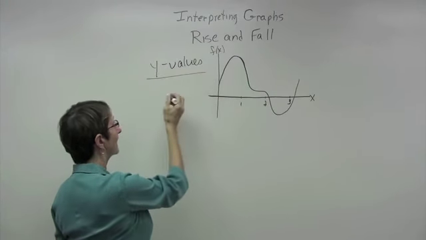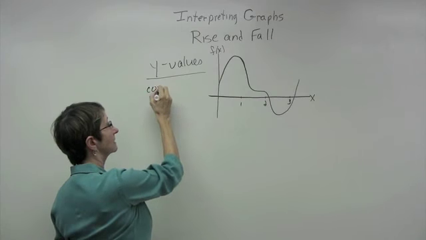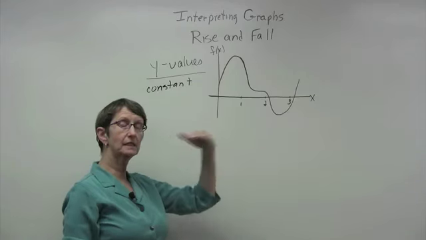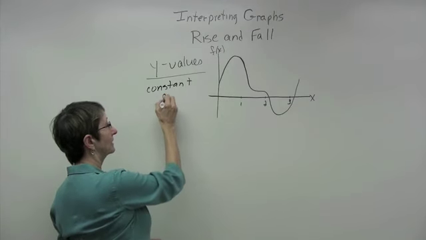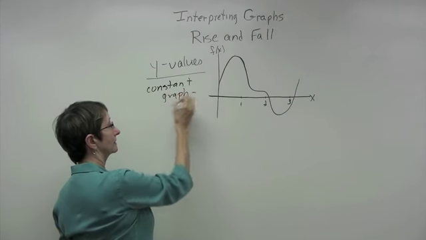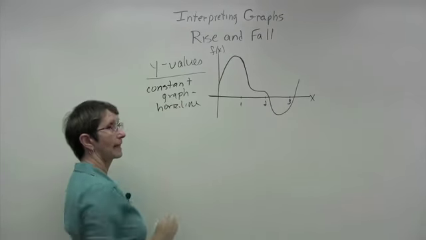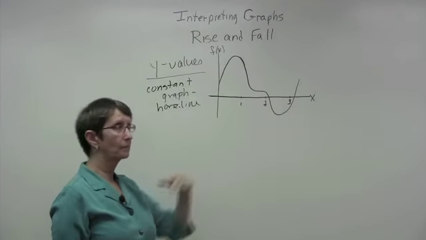And the y values can either be constant, and if the y values are constant, that means the graph is a horizontal line. Horizontal line. Constant y values.